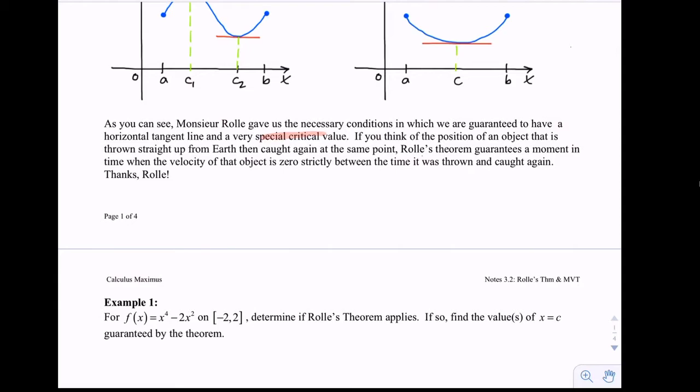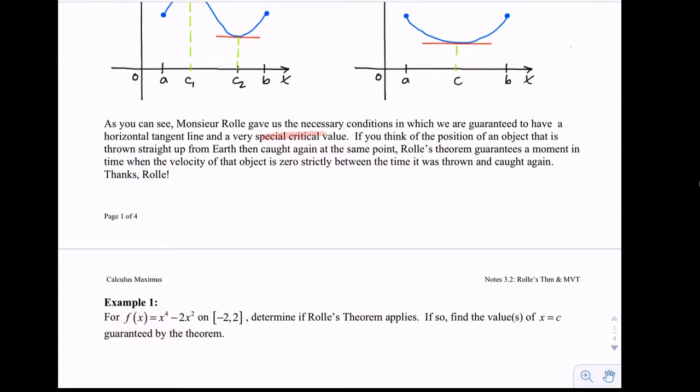As it traveled up and came back down, its position was continuous on the closed interval from time 0 to time end, right? And it was also differentiable because if we're talking about the derivative of position, we're talking about its velocity. And if we have infinite slope, that's infinite velocity. Could the ball actually go infinity miles per hour as I threw it up? No. So it had to be differentiable.